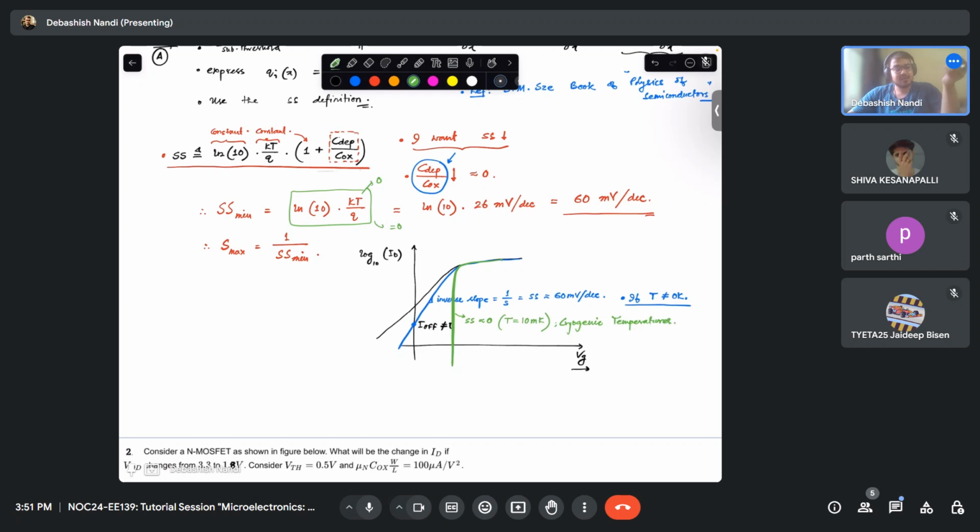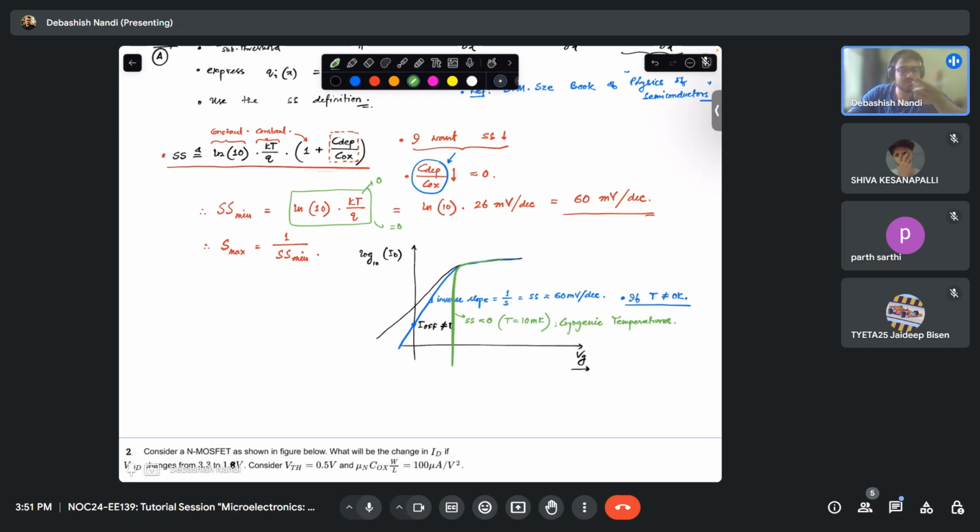So there it is possible, but what we are talking about is room temperature, when you use your mobile phone. No matter what, as the temperature is not equal to 0 Kelvin, there will be a certain amount of leakage current.